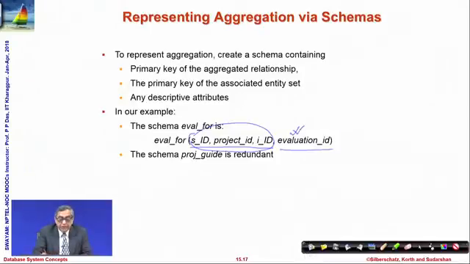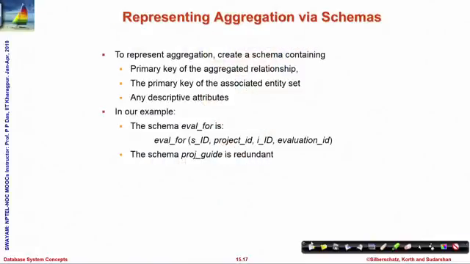This is a process through which we come to the decision of having this schema to represent all the required information. Naturally, if the evaluation is not done, then the evaluation ID in eval_for will not exist, and that will be a null showing that it is not present right now.